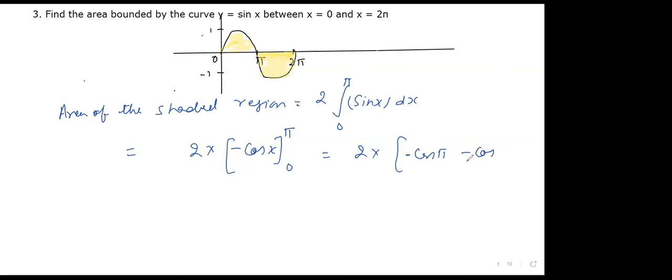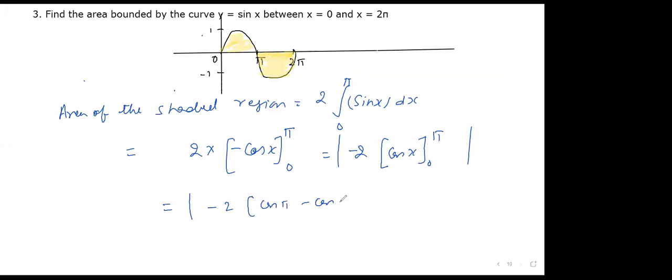Take the negative sign outside, because the area is taken in modulus. So this is cos x from 0 to pi, and this whole will be in modulus. So minus 2 times cos pi minus cos 0.